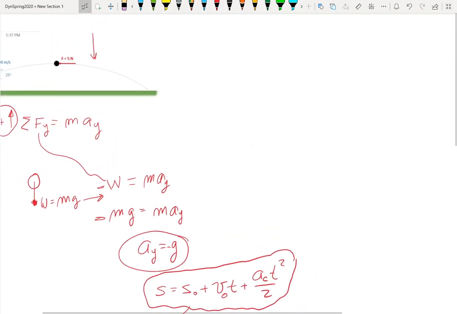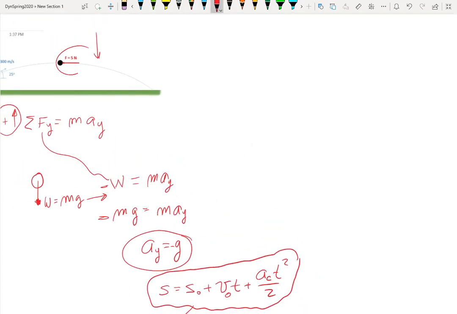Now let's do x. Before, if there wasn't a 5 Newton force, it's pretty boring. The sum of the forces in the x going to the right equals mass times acceleration in the x. If there was no force, you just get ax equal to 0, and therefore you got that set of equations. Now, this is a case where it's minus 5.